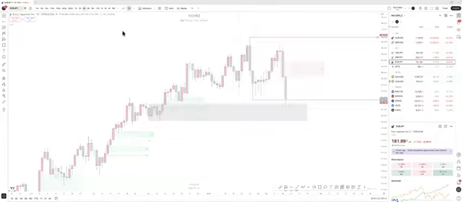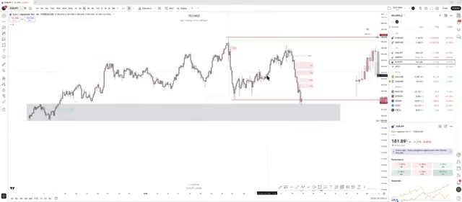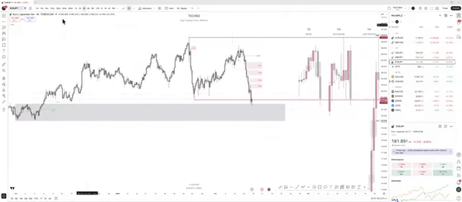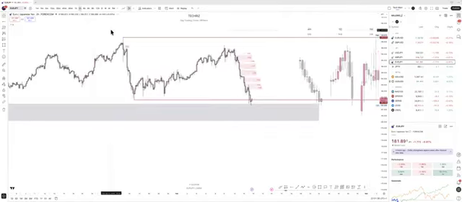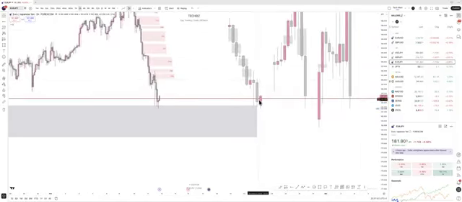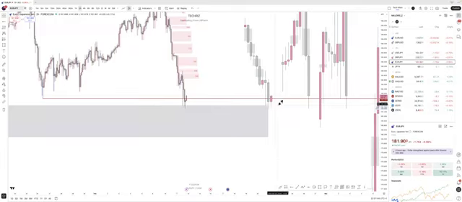Then let me show you a few more. Trying to see if I would see a CISD. Already the daily is trying to close, a 4H is trying to close like this.